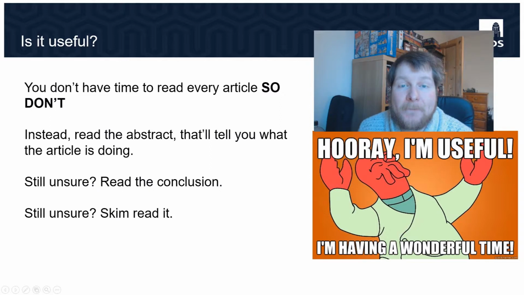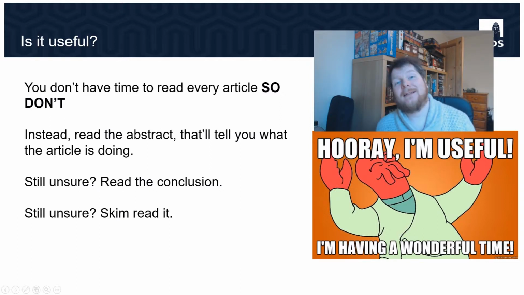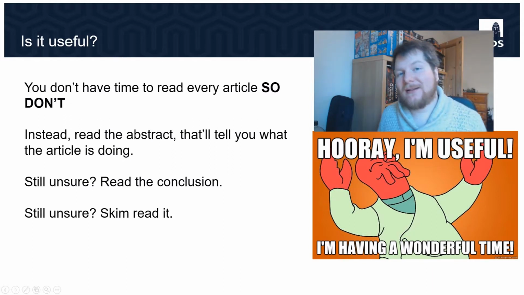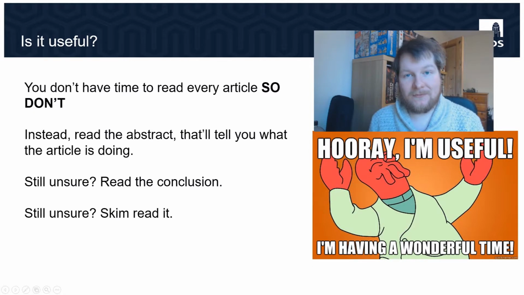Fortunately, that is why abstracts are invented, because abstracts tell us, in brief, what the results of that paper are. So not just what it's about, but what they conclude. That's what an abstract should be telling us.